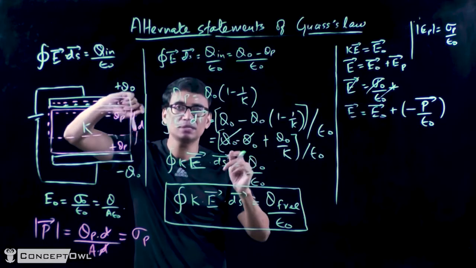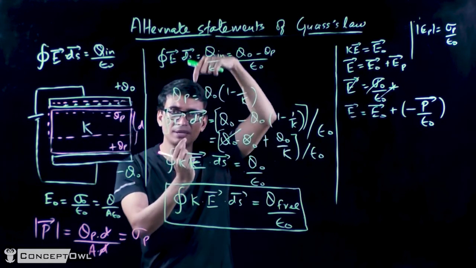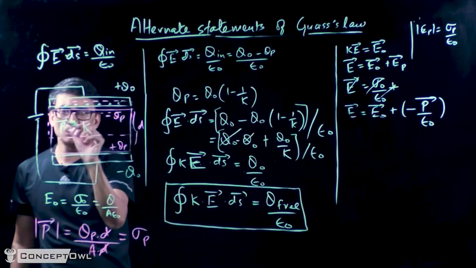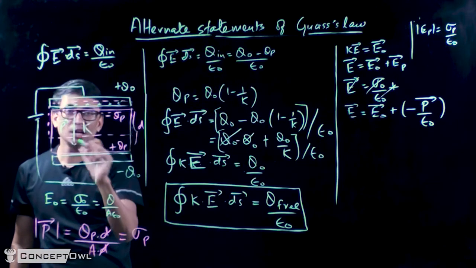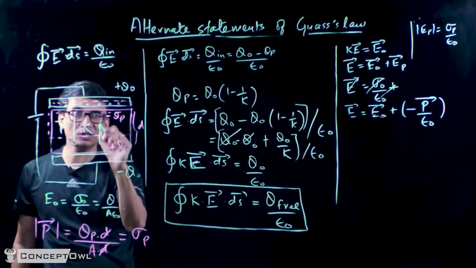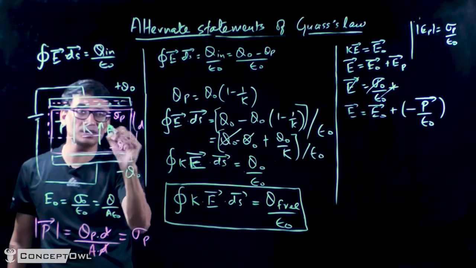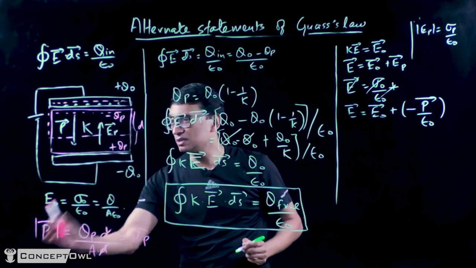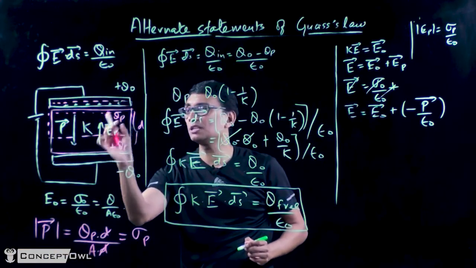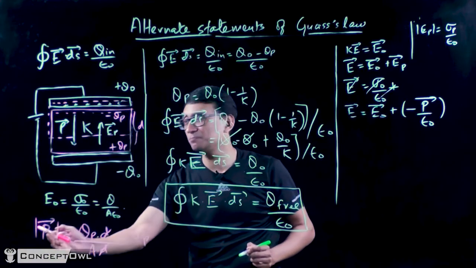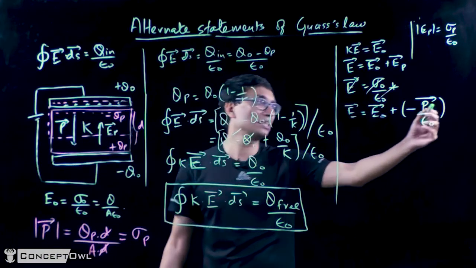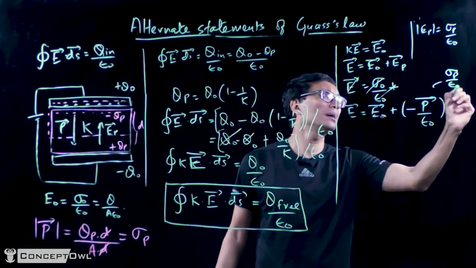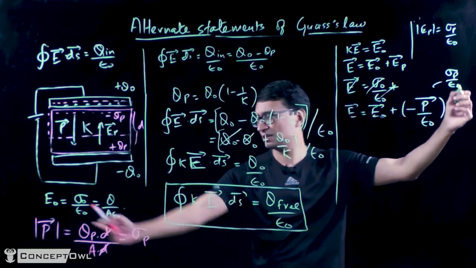Remember, the direction of the dipole moment vector is from the negative to positive. So my P vector would have this direction, but my electric field EP has the opposite direction. This is the direction of EP. Since EP magnitude is equal to sigma P upon epsilon naught, but sigma P is nothing but P, this is another way of writing sigma P upon epsilon naught.